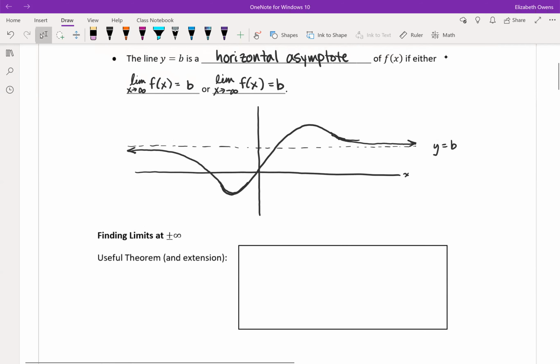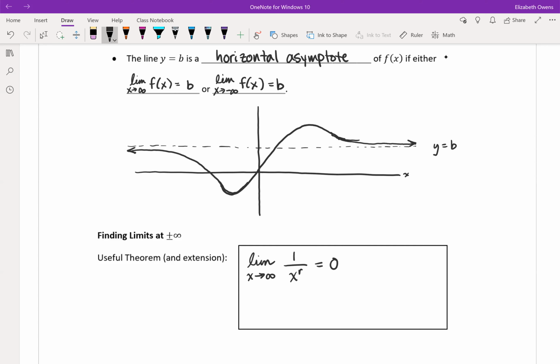The main thing that we're going to employ here is a very, very useful theorem and an extension to that theorem that's really going to help us find these limits. The theorem involves some limits itself. Here it is. It says that the limit as x approaches infinity of 1 over x to the r equals 0.